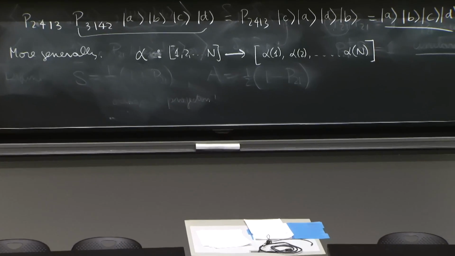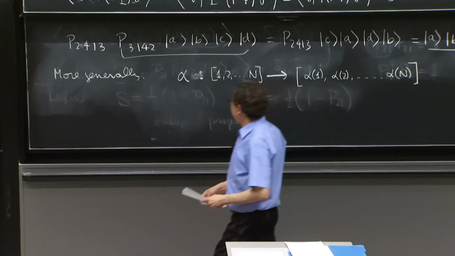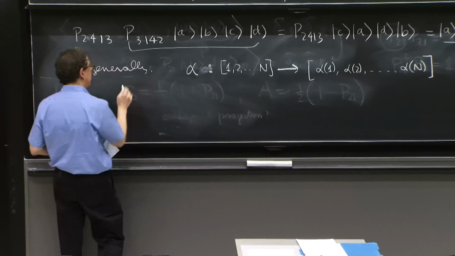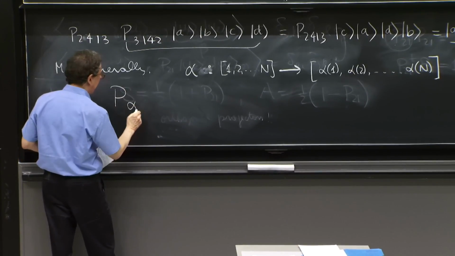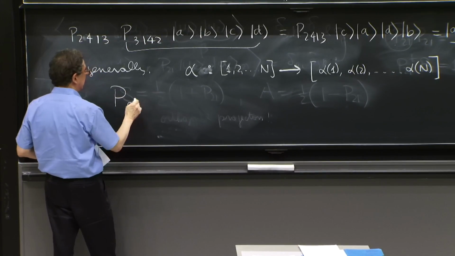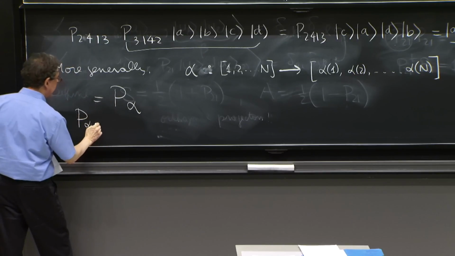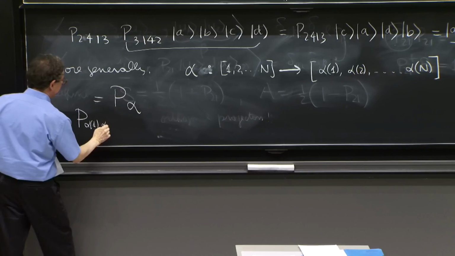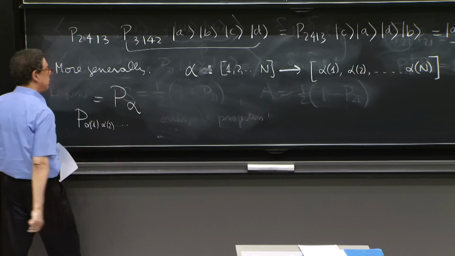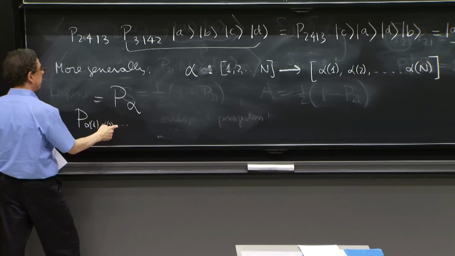So if you have a P alpha, this alpha means really P alpha 1, alpha 2, alpha 3, alpha 4.